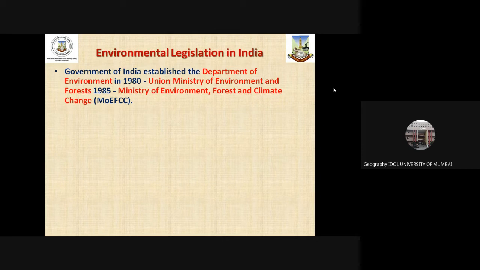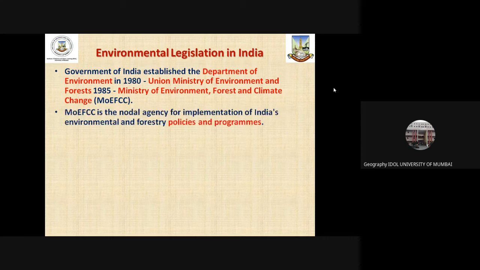The Government of India, in order to provide attention on environmental problems, established the Department of Environment in 1980, which in turn became the Union Ministry of Environment and Forest in 1985, and MOEF and CC, that is Ministry of Environment and Forest and Climate Change, in recent times, which is called MOEFCC.